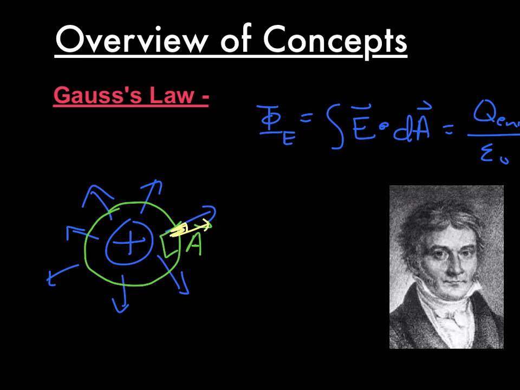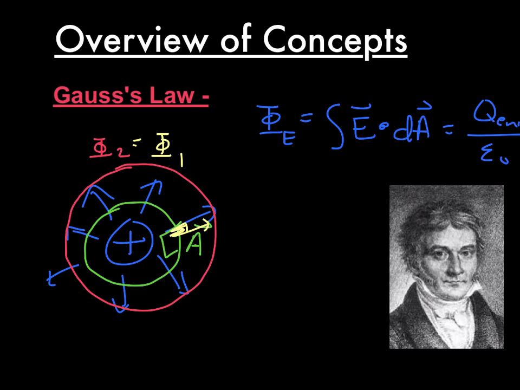The flux through that surface will be exactly the same as the flux through this surface. So phi for the big surface will equal phi for the interior.